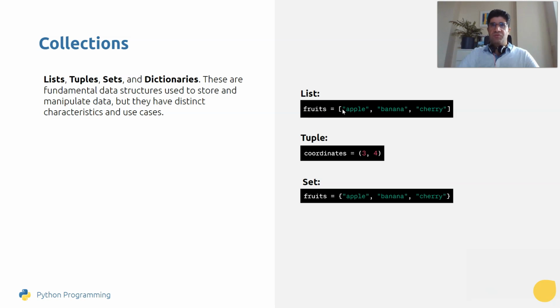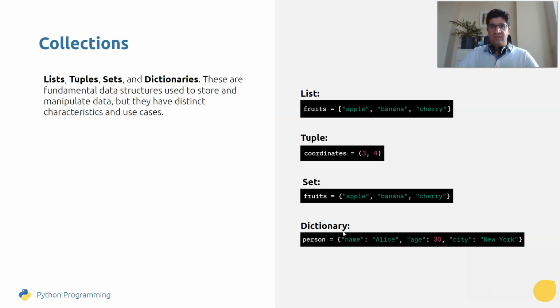We have the fruit list on the top, but if you change the surrounding character from square brackets to curly brackets, the curly brackets create a set. We will discuss the differences between those kinds of collections, and each of them has some specific characteristics, so we need to consider them.